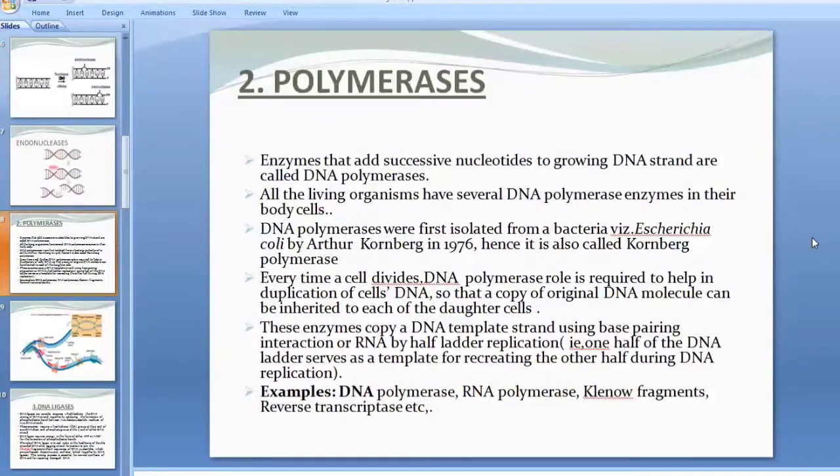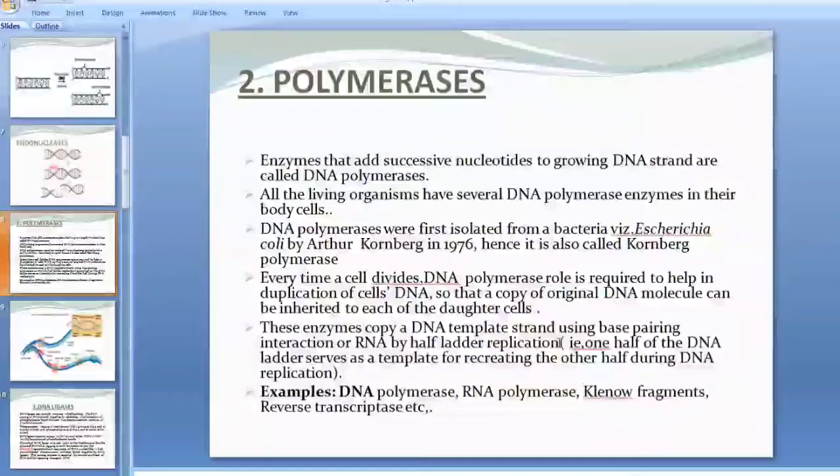The main function of the DNA polymerase is in the elongation of the DNA molecule, of the double helical structure. These enzymes copy a DNA template strand using base pairing interaction, or RNA by half ladder replication.